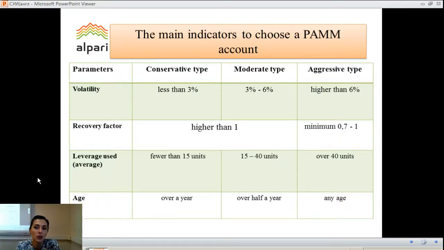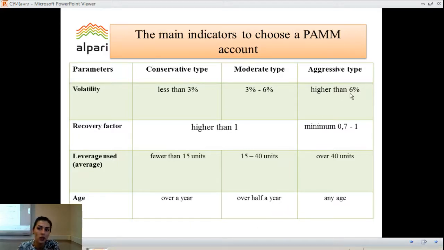And for the conservative type, if you want, for example, to sort the PAMM account ratings in accordance with the conservative type of the PAMM account, you should choose volatility less than 3%, recovery factor higher than 1 unit, leverage used fewer than 15 units, and the age over 1 year. In the case of the moderate type, you can see 3 to 6%, higher than 1, 15 to 40 units, and over half a year.